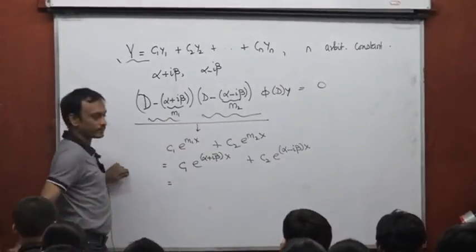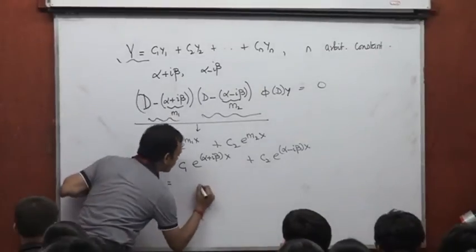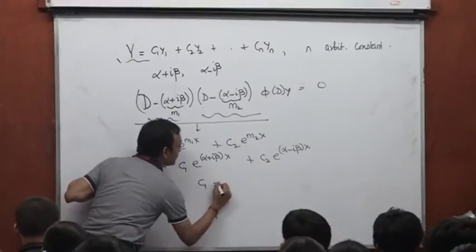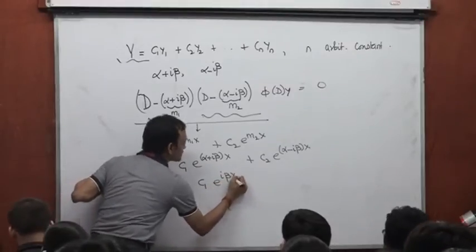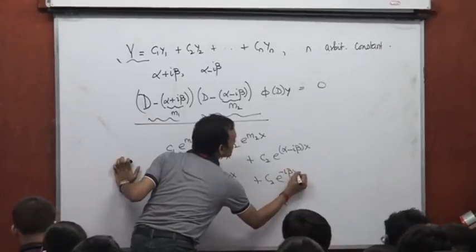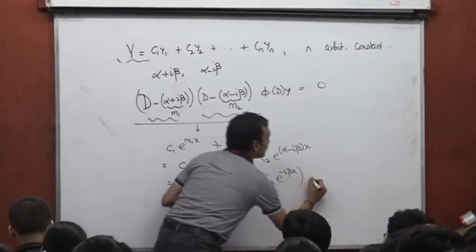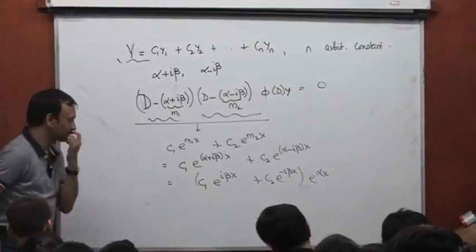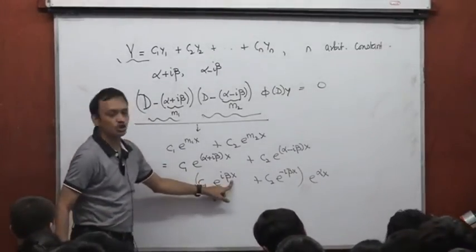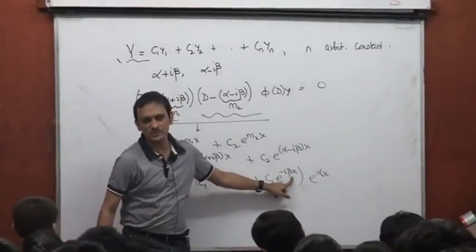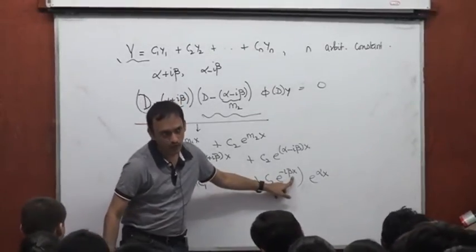Now this is e^(αx) times (c1 e^(iβx) + c2 e^(−iβx)). But e^(iβx) is cos βx + i sin βx, and e^(−iβx) would be cos βx − i sin βx, right?